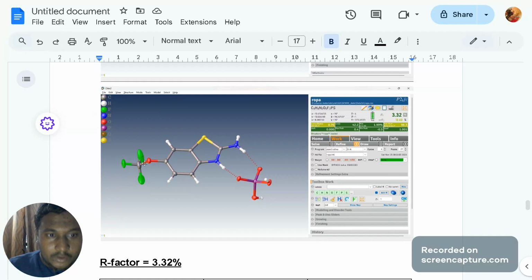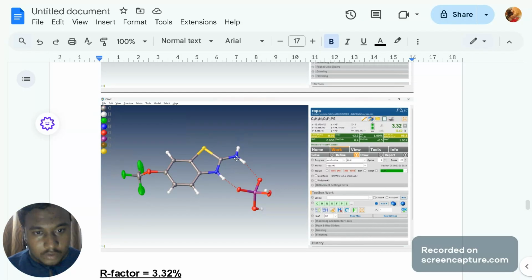I found that these three bond lengths were nearly the same, so I considered these must be the fluorine, and this is the oxygen. That's why first one bond is there, and in between there is a carbon.